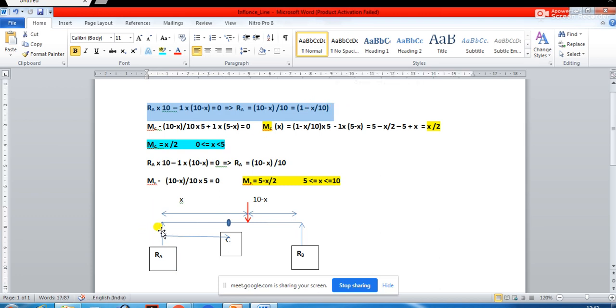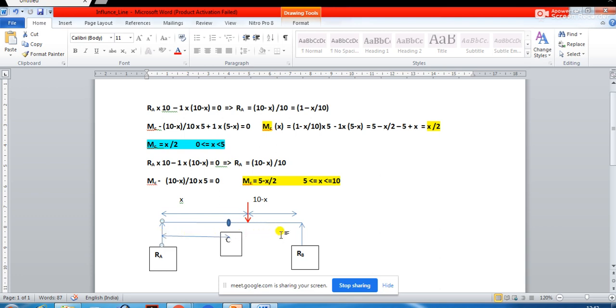R_A multiplied by this distance, which is 10, and then 1 into this distance, which is 10 minus x, from here to here. So R_A is not going to change in terms of x. Your R_A is going to remain 1 minus x by 10.